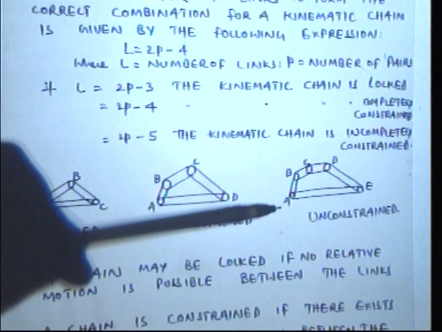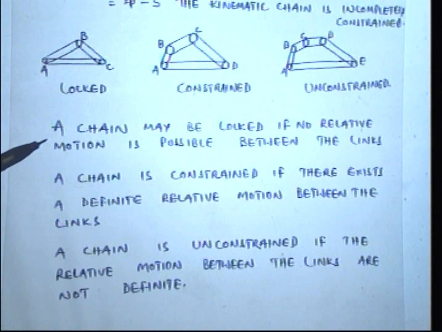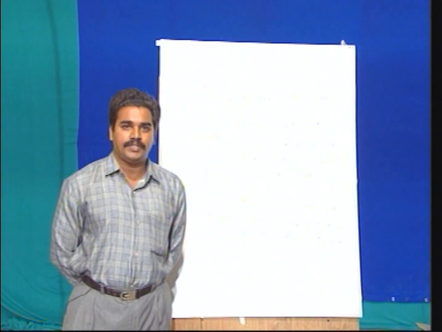There is no definite direction for the transmission of motion. A chain may be locked if no relative motion is possible between the links. A chain is constrained if there exists a definite relative motion between the links. And finally, a chain is unconstrained if the relative motion between the links are not definite. We have seen just now what a kinematic chain is.